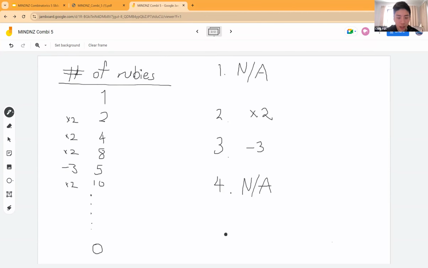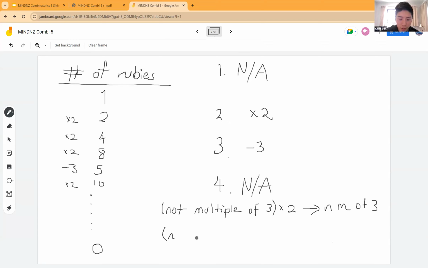And the reason is, if you have a not multiple of three, something like one, and I multiply by two, it's still going to remain a not multiple of three.